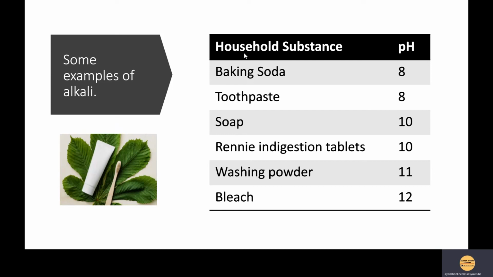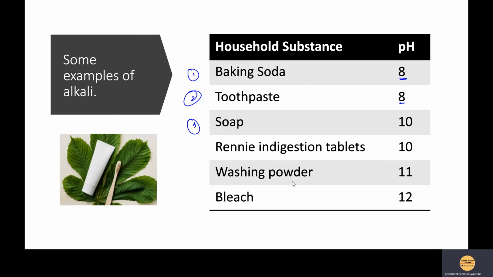The first example is baking soda. Baking soda has a pH of 8. Next is toothpaste, which also has a pH of 8. Then soap has a pH of 10. Then Renni indigestion tablets, if you have an acidity issue and have been suggested an antacid, have a pH of 10.